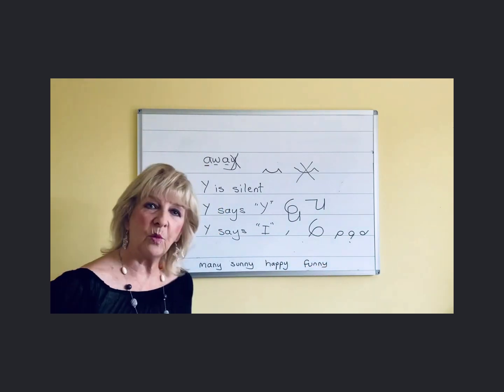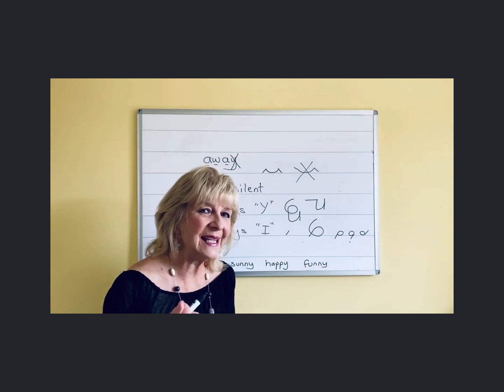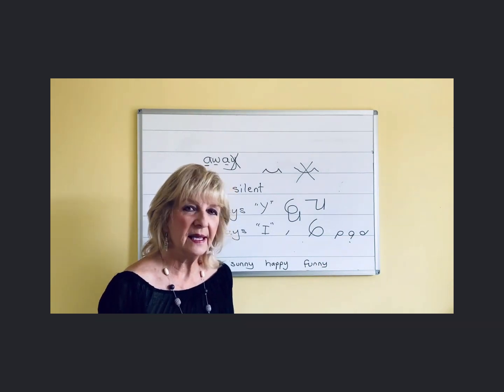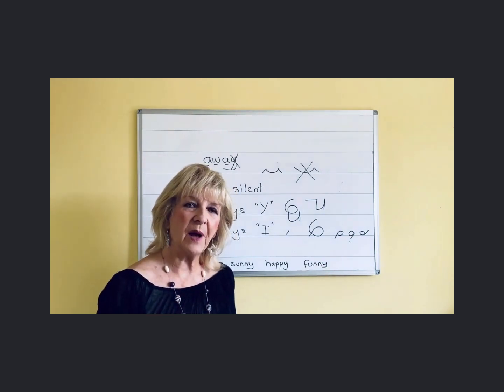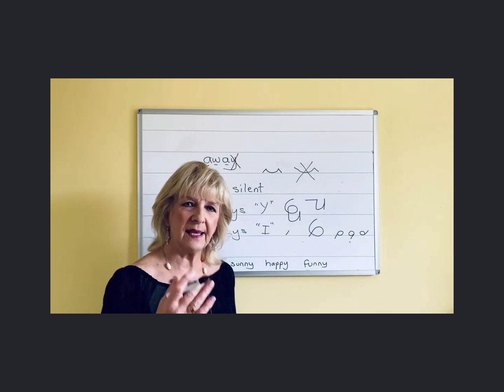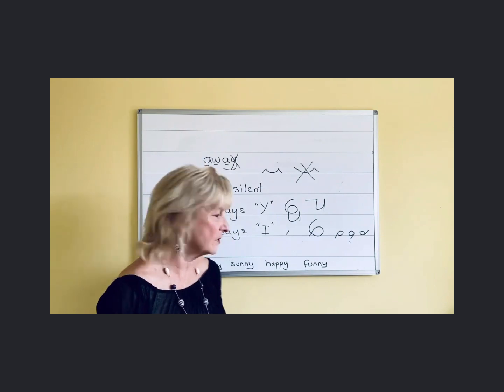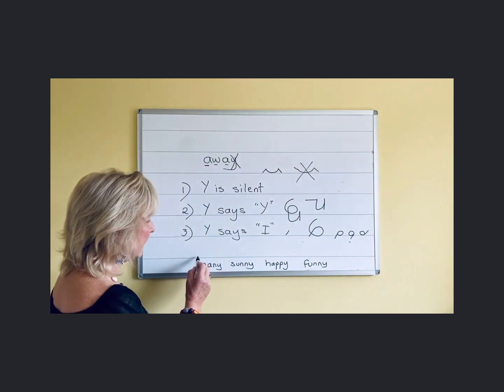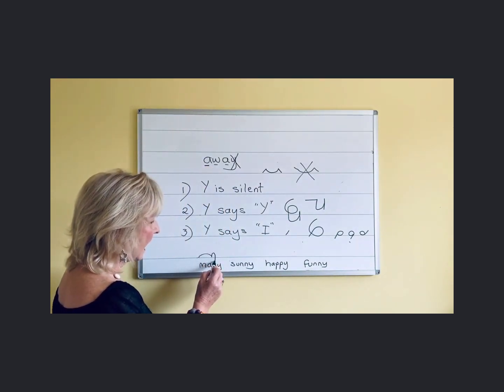All those words have a Y at the end, and the Y doesn't say E, happy. It's a short sound of I. So happy, family, funny, sunny, I. So it's the I sound. So many then would be men, MN, and I.